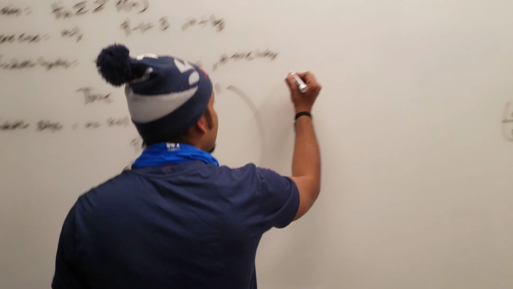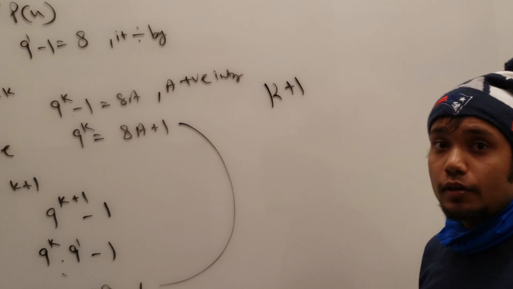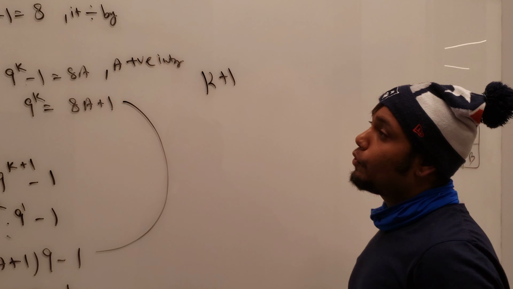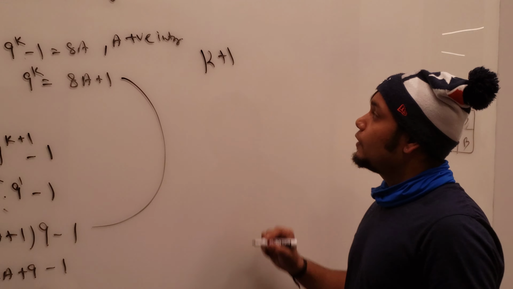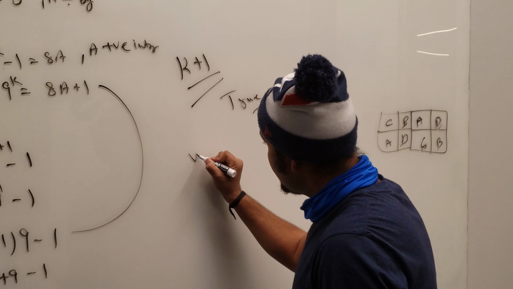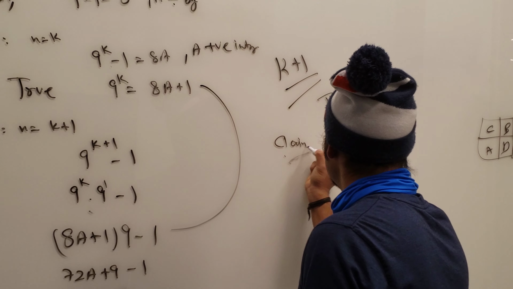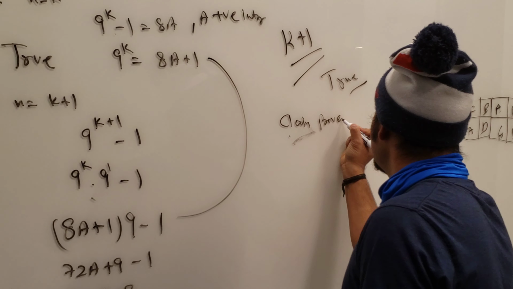Now, we can say that our k plus 1 holds the property true, and we are able to prove our claim by using weak induction. So this is true, and the claim is proven by using weak induction.